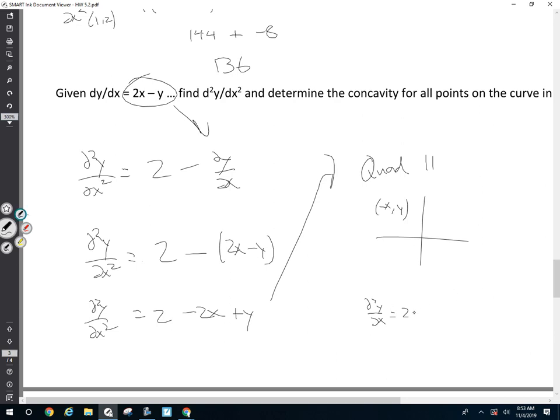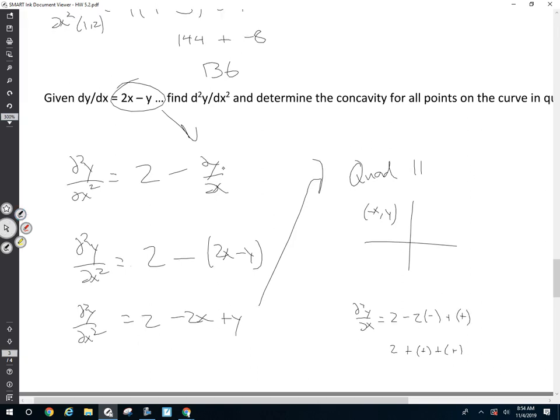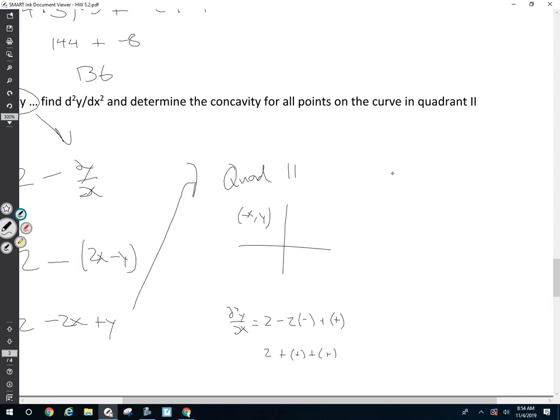So that'd be 2 plus a positive plus a positive. That means the second derivative is always going to be positive. So that means second derivative is positive and concavity of the points is up.